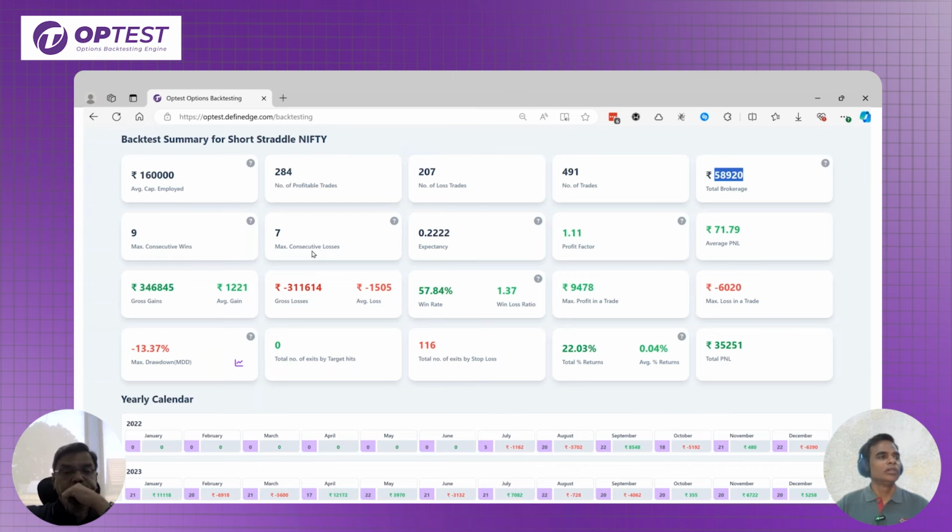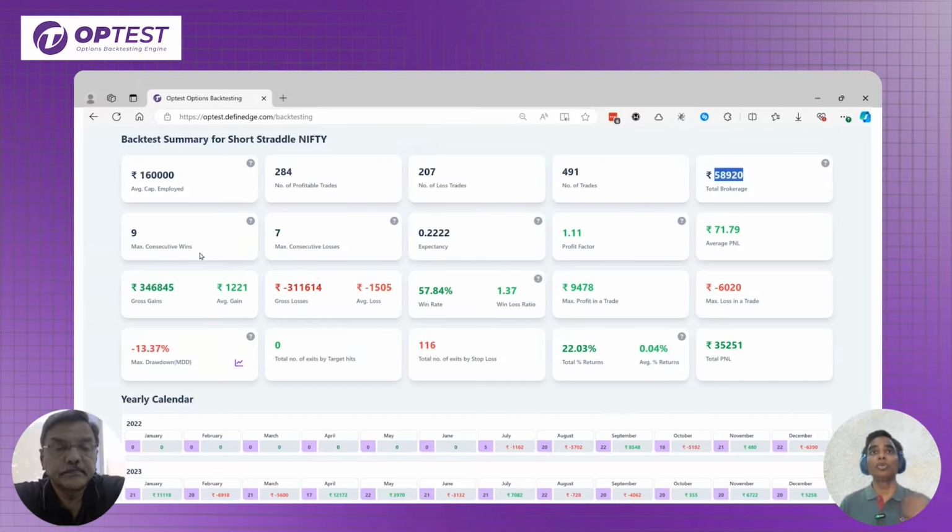Somebody might start this kind of strategy based on these results, and suddenly if there are 5 consecutive losses, you might lose faith that this is a loss-making strategy. But you have to see historically what has happened, right?